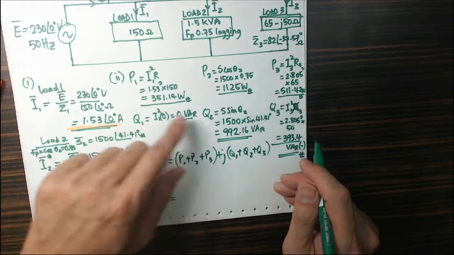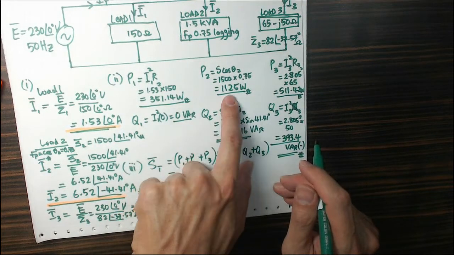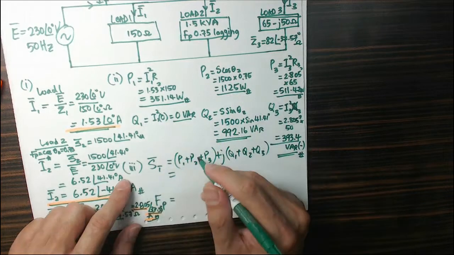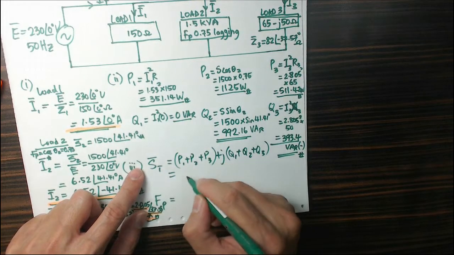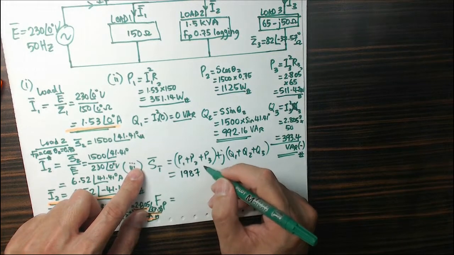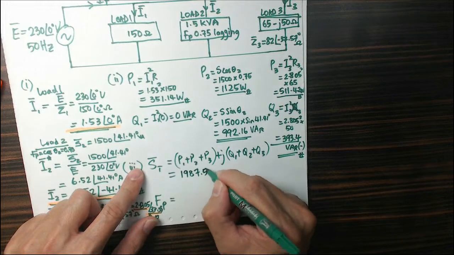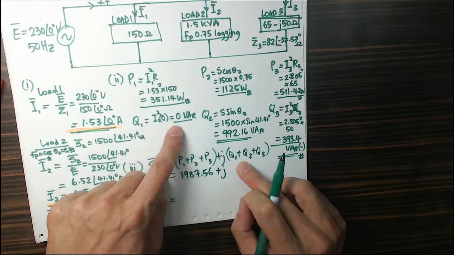So all these numbers, 351.14, 1125, and so on, add up to 1987.56 plus J.